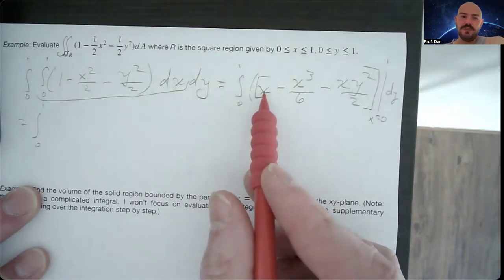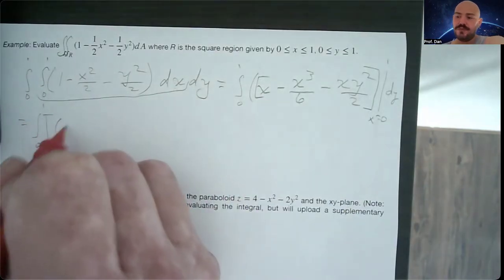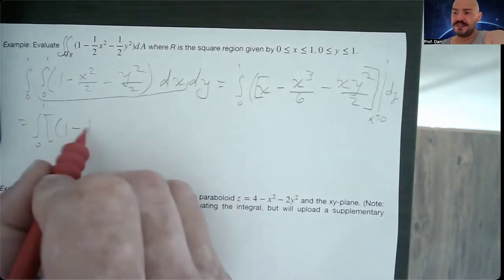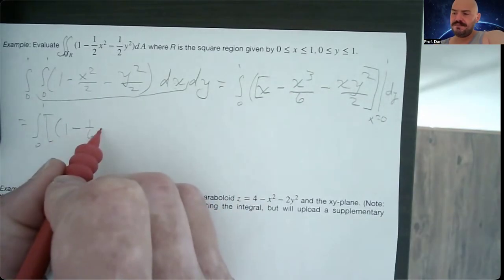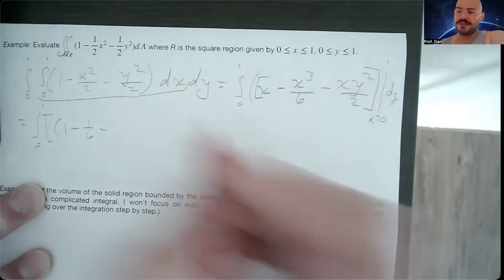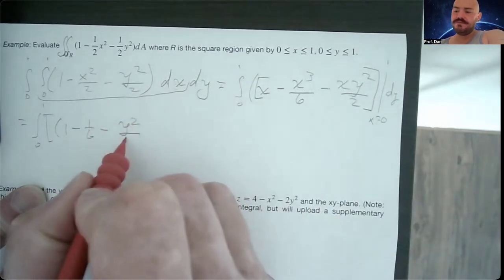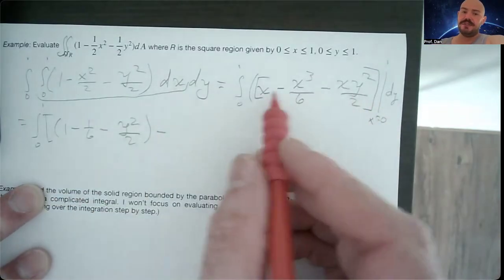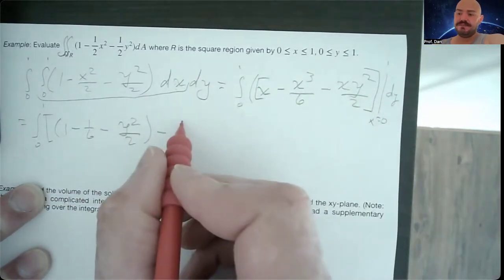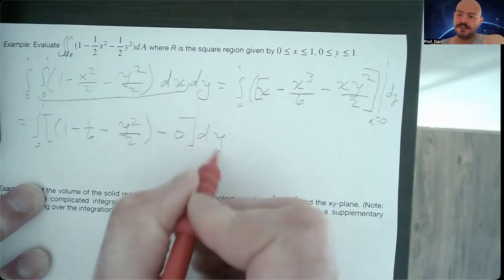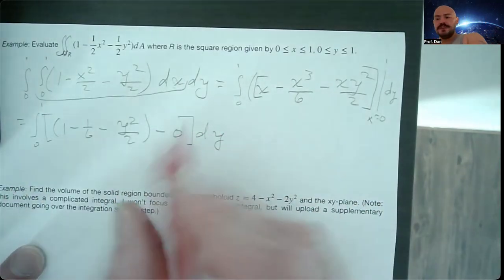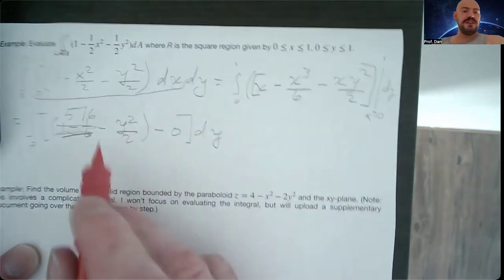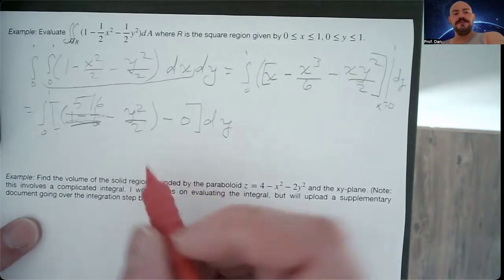So I have 1, plugging in the first number, 1, minus 1/6, minus 1 times y squared over 2, minus, and then I plug 0 in, everything here would be 0. And integrate dy now. So combining these, this is going to become 5/6. So we have 5/6 minus y squared over 2.